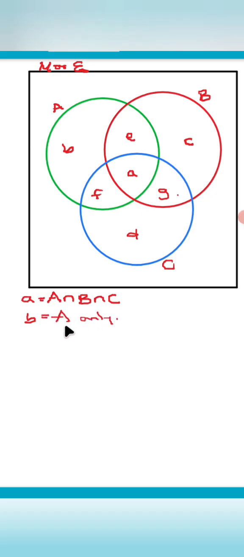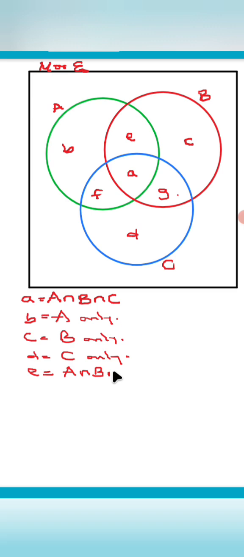Let me just use this notation. Now, at this position C, we just say B only. At this position D, we're going to say C only. Now, at this position E, you observe that we only have the green circle and the red circle that intersect, which means A and B. So there are elements that only contain elements of set A and set B. So we'll say this is A intersection B intersection C complement.